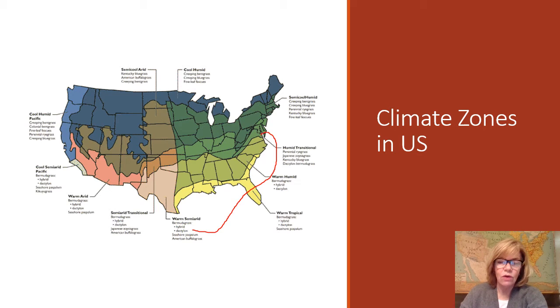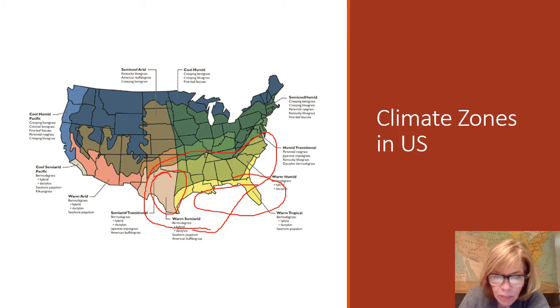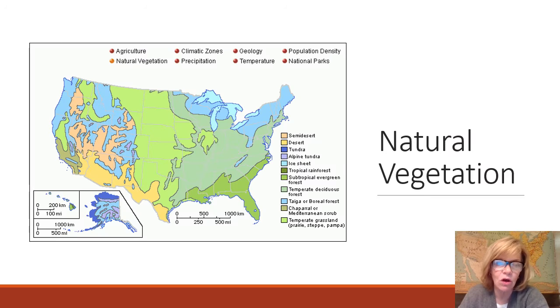All right, so there are a lot of different, well, there are a few climate zones in the South. You have humid subtropical, and then you've got some really dry areas. Here in Texas, it's very dry, but down here you've got some tropical climates, right? Warm tropical and warm humid is what they call it here. Here's another way of looking at it.